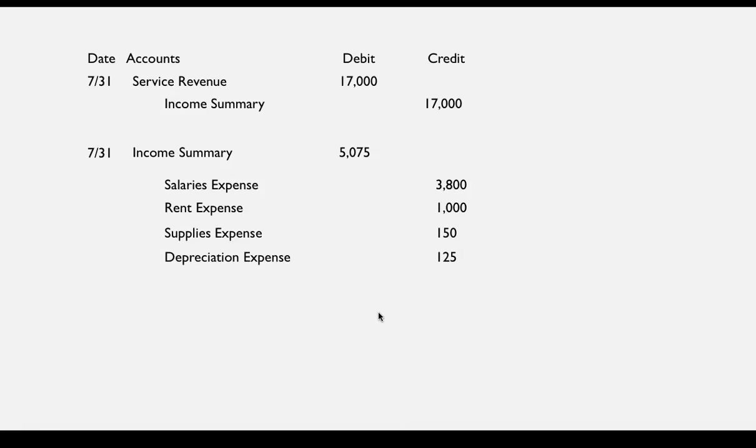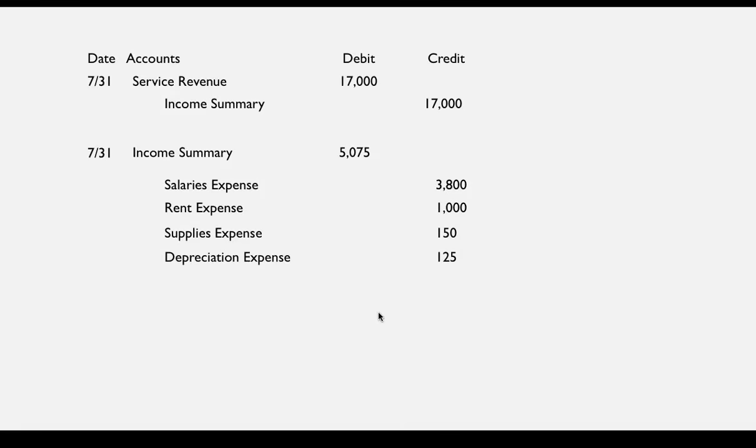So what I would recommend when working out these closing entries is create a T account for income summary. Because we can see based off of these first two entries, we have a credit of $17,000 and we have a debit of $5,075 to our income summary account. So if you made a T account, you would be able to tell that income summary right now has a credit balance of $11,925.